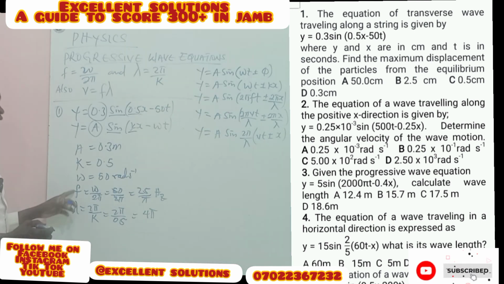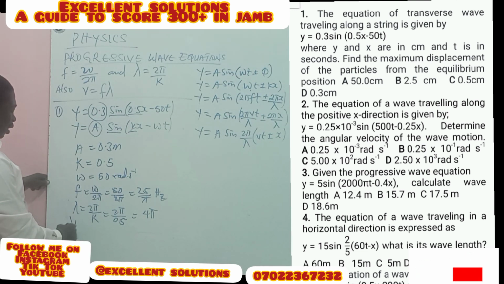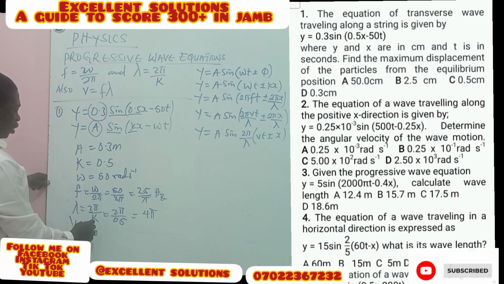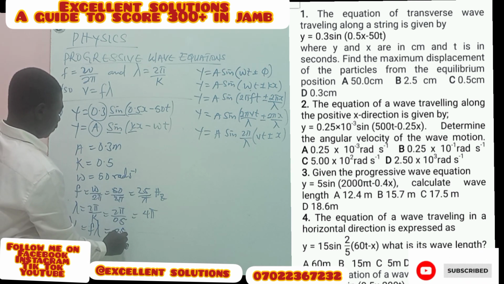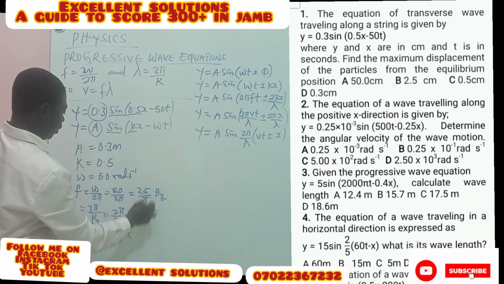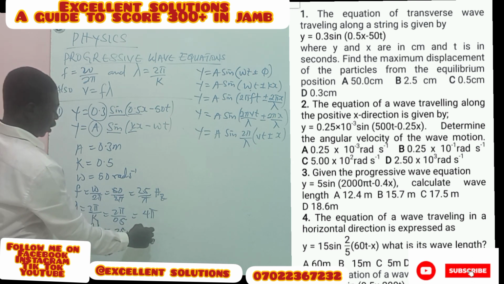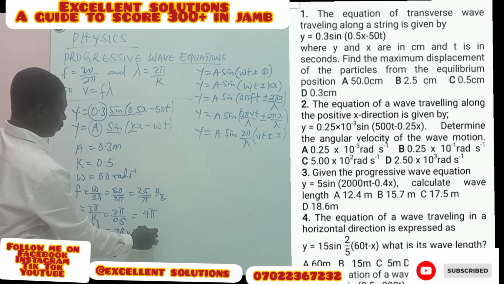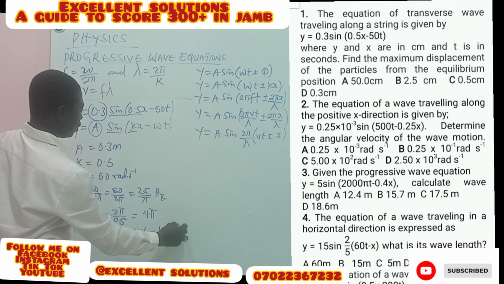So this is now finding the frequency and the wavelength. And if the question asks us to find the velocity, we have v equals f lambda. So we have our f here as 25 upon pi times our lambda, which is 4 pi, and this now becomes pi cancels pi, we have 4 times 25, we now have equals 100 meters per second.